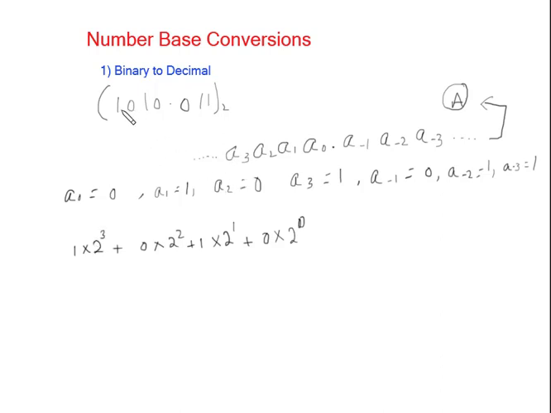Now we are done with this part, and for this part, plus its coefficient is 0 and 2 raised to power minus 1. Now for this one, plus its coefficient is 1 and 2 will have a power of minus 2, plus for this its coefficient is 1 and its power will be minus 3.